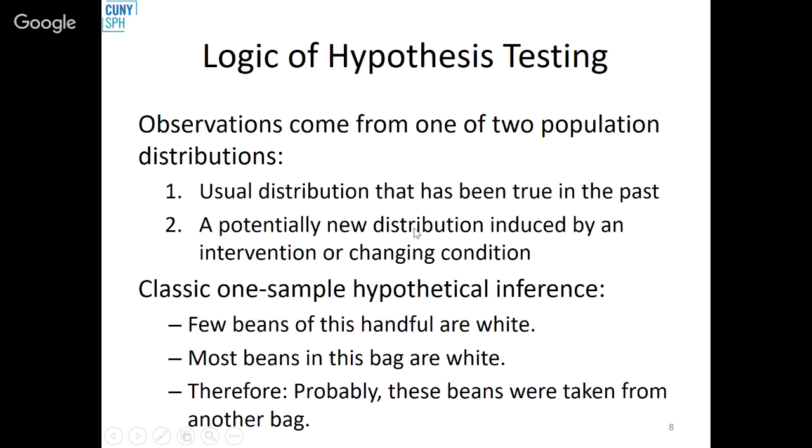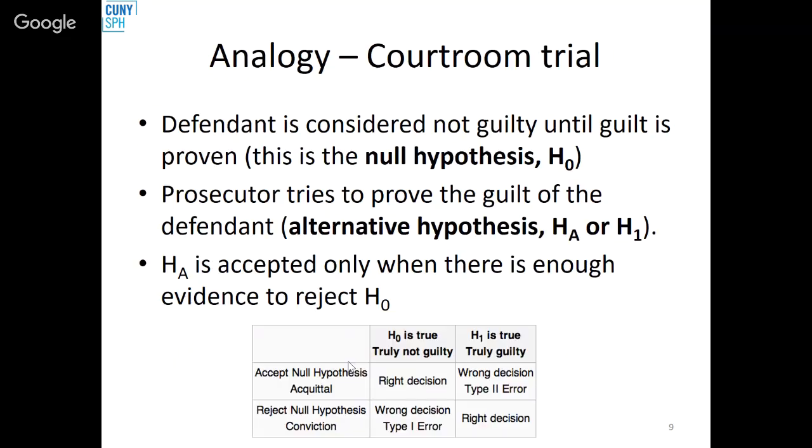This is one you see in a lot of intro textbooks, but this is another common analogy used, the courtroom trial, where a defendant is considered not guilty until guilt is proven. In this example, that would be what we call the null hypothesis: not guilty. So in the absence of any evidence, you would accept that null hypothesis.